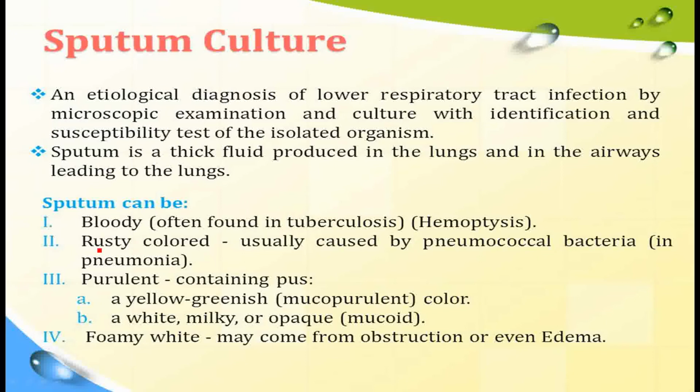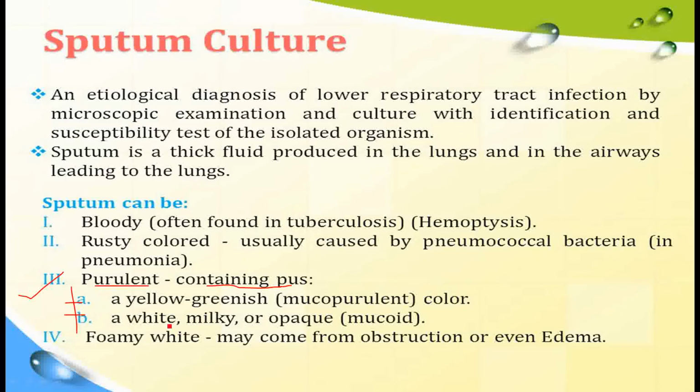Sputum can be rusty colored also, and it is usually caused by pneumococcal bacteria like in pneumonia. Third one is it can be purulent or it may be containing pus. Purulent may also be of two types.